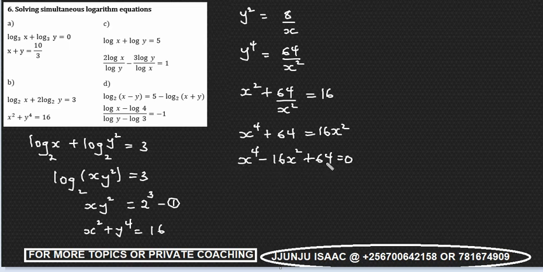We need to find now x, but now we can replace x squared with any other letter, let it be t. So we shall have t squared minus 16t plus 64 equal to 0. And this is a perfect square. When you solve it, you get t minus 8 squared equal to 0.